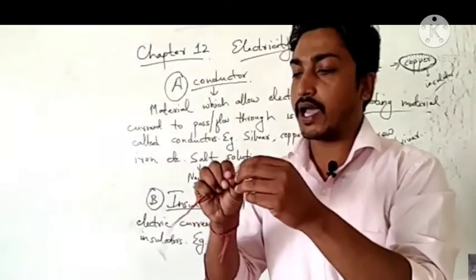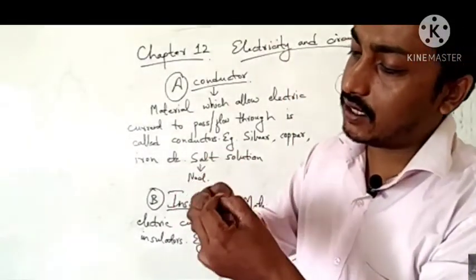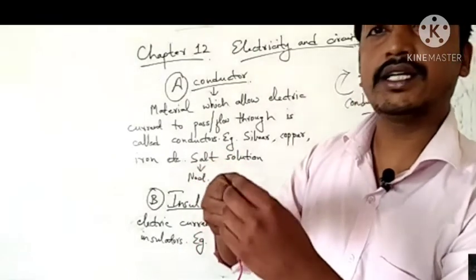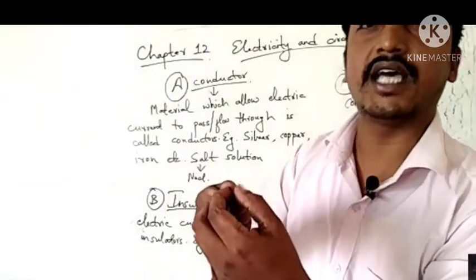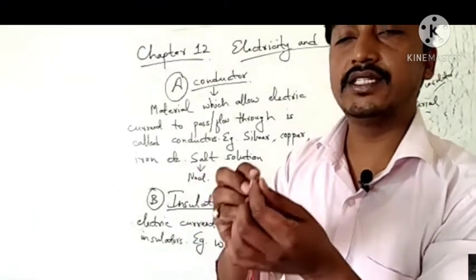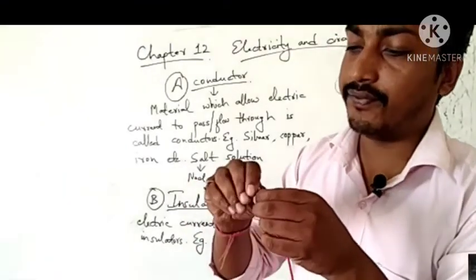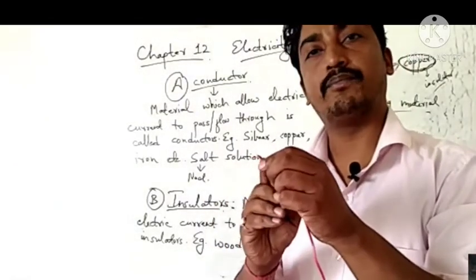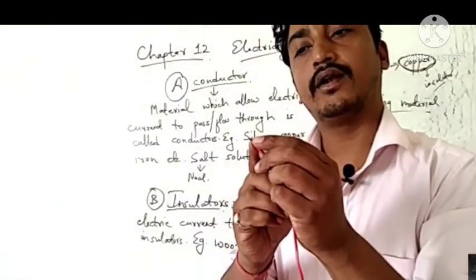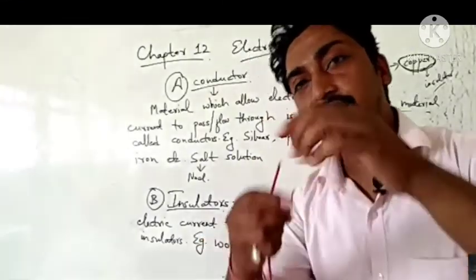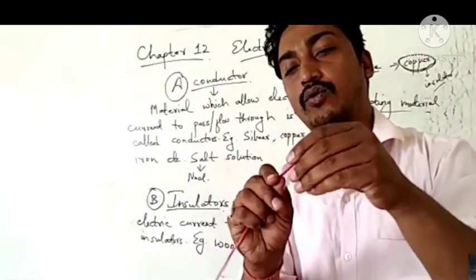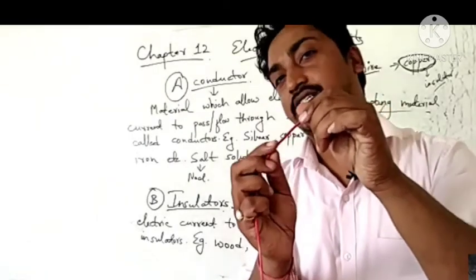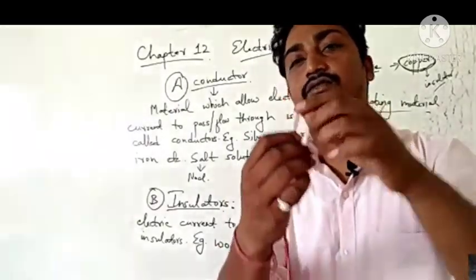In this wire we can see there is a conductor inside it, made up of copper, the inner one. And it is insulated with an insulator, that means plastic. It is covered with plastic.